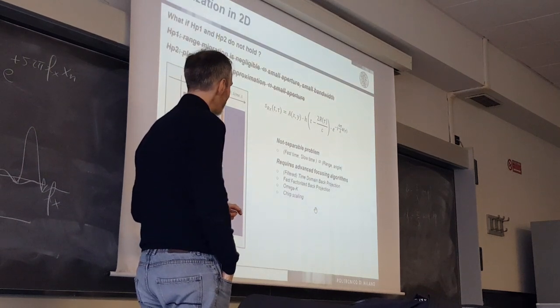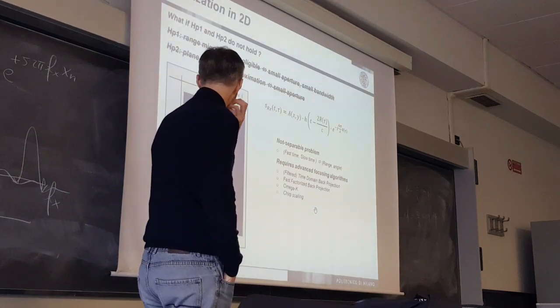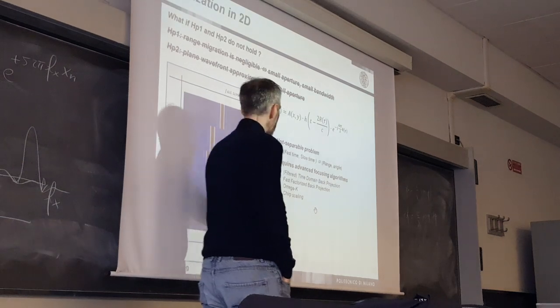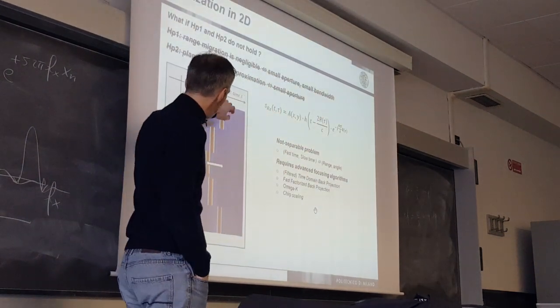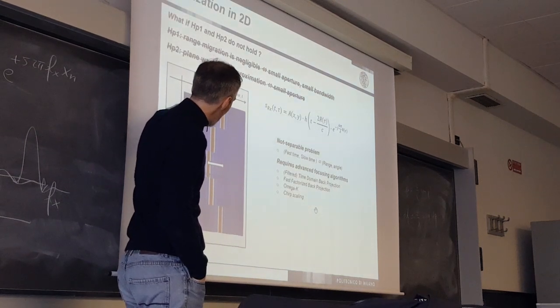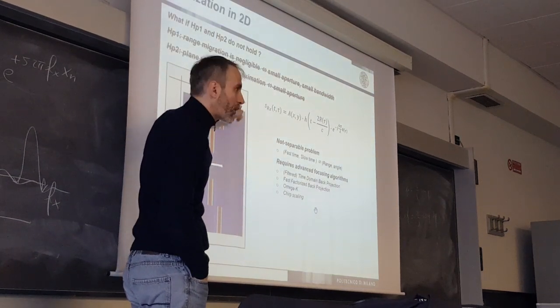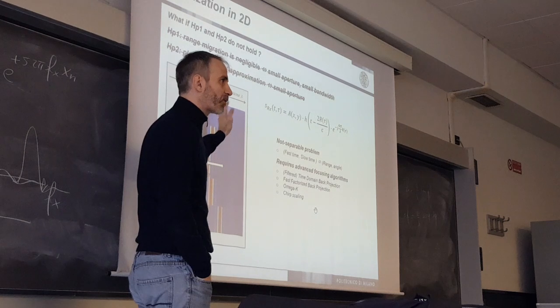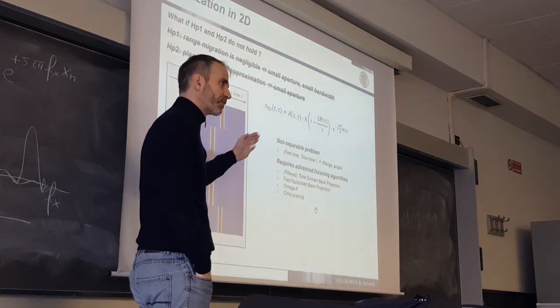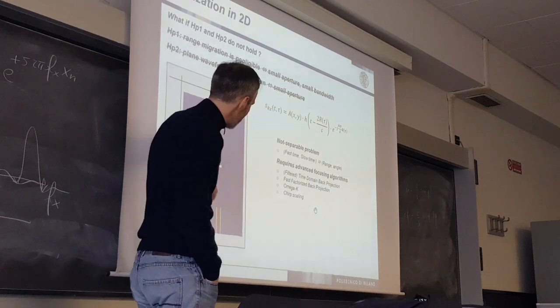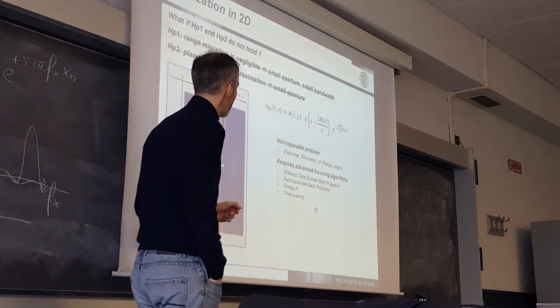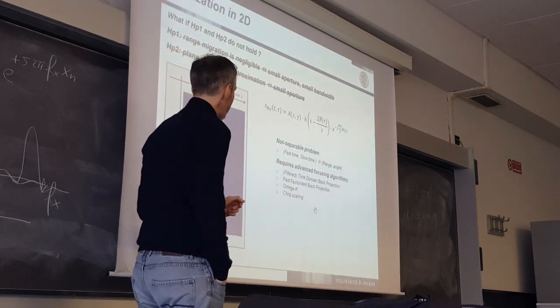Well, it is not so easy because you see that the problem is not separable. Why? Because you cannot just operate column by column to focus the target onto different angles, because this shape is not separable.